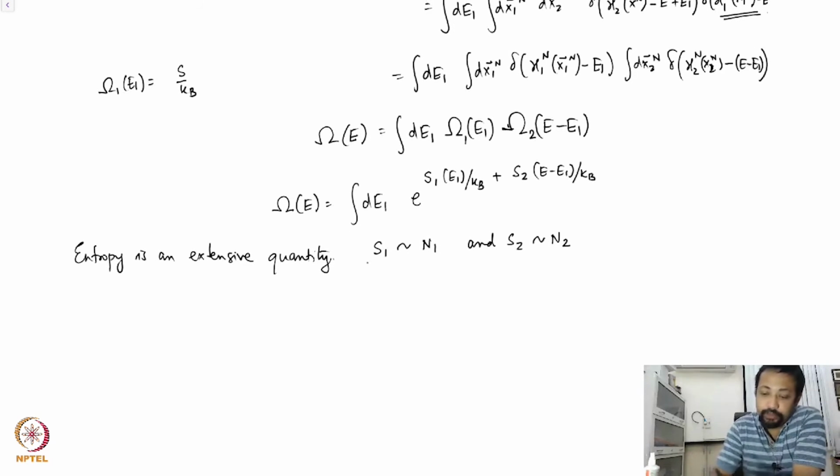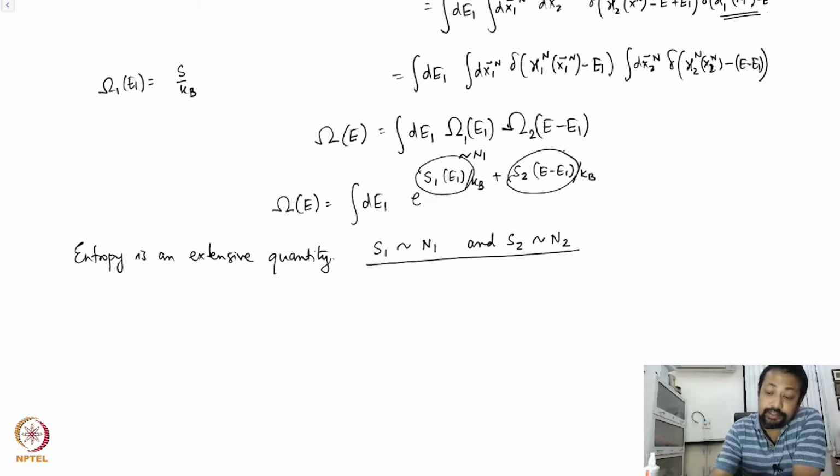Consequently, since this term scales with N1 and this term scales with N2, the argument of the exponential is very, very large. And I can evaluate this integral using a saddle point method at the extremum point of this expression.